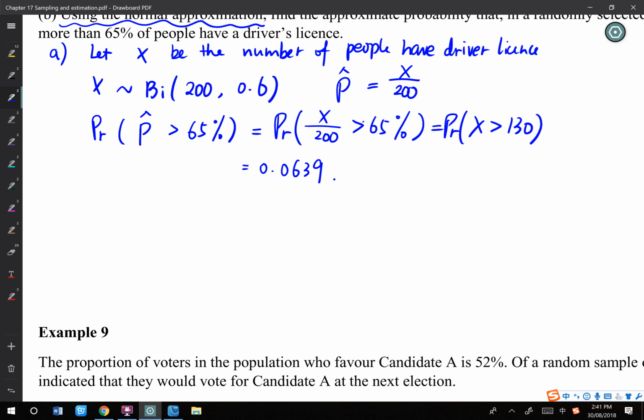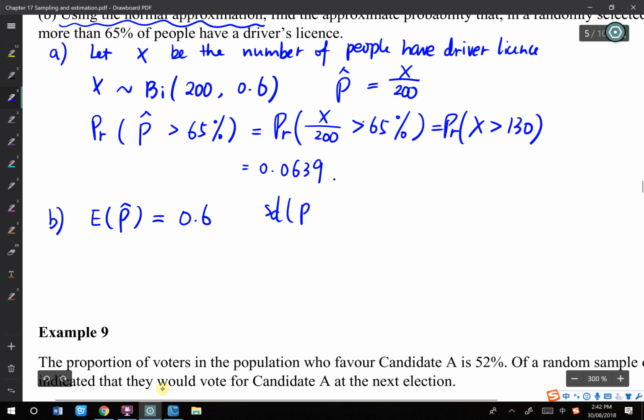So for B, more than 65. Well, first of all, I know expected p-hat is just, what's expected p-hat in this question? Yeah, what's p? 0.6, okay, not 0.65, it's 0.6. And the standard deviation of p-hat is square root of 0.6 times 0.4 over 200.